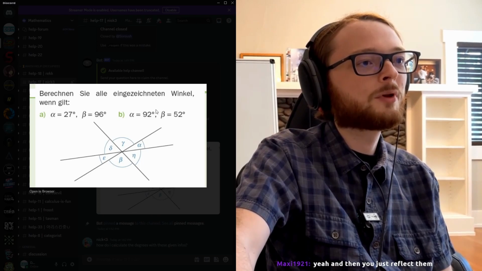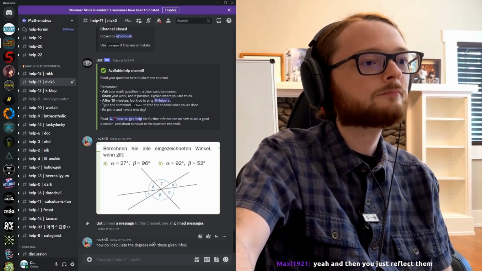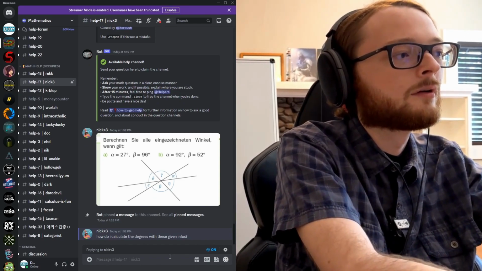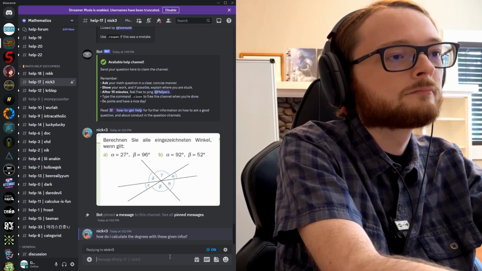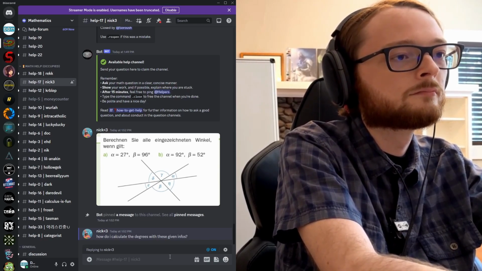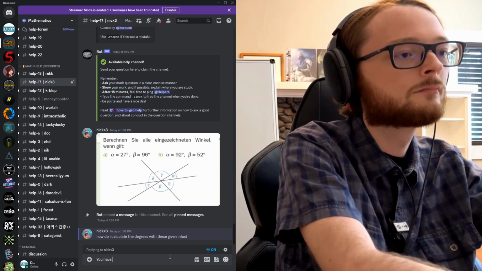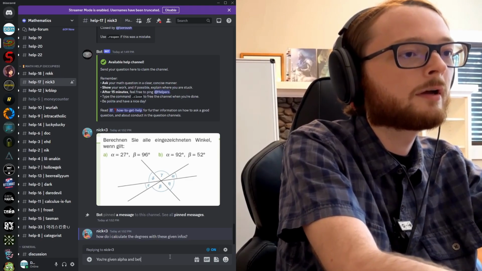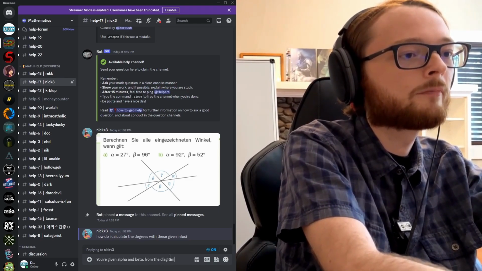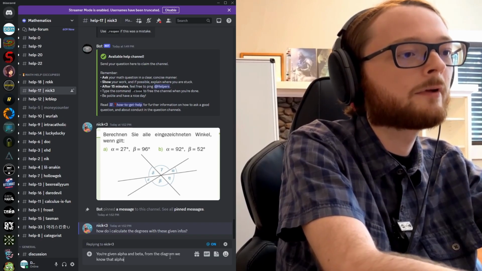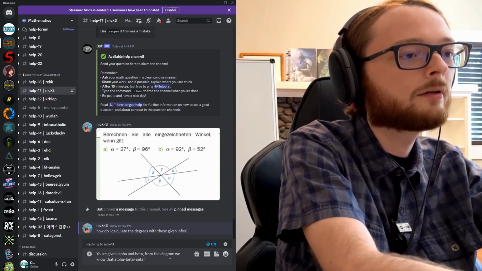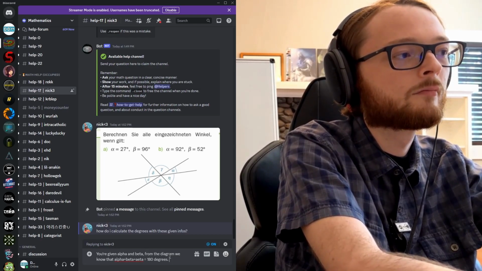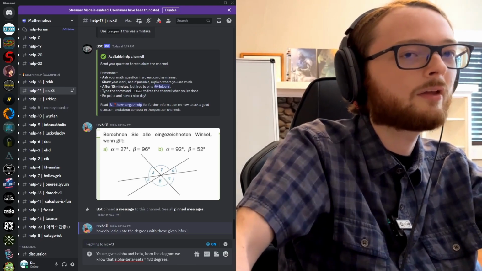And the same procedure can be done for part B too. Okay. Or maybe corresponding is a better word. You're given alpha and beta. From the diagram, we know that alpha plus beta plus eta equals 180 degrees. Wait, eta is spelled like that, right?